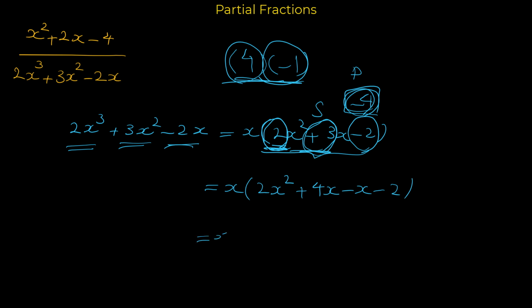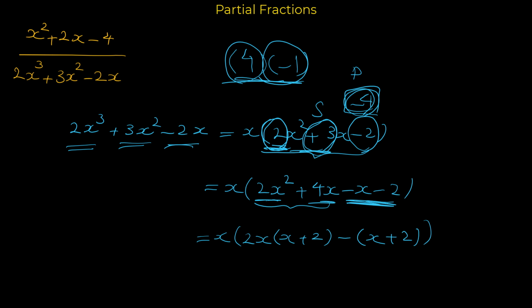Now, we do a grouping. If we factor 2x from these two, then we have 2x times (x + 2). And if from these two we factor a negative, then we have negative (x + 2). Then we can factor x + 2 here. So then we have (x + 2)(2x - 1).